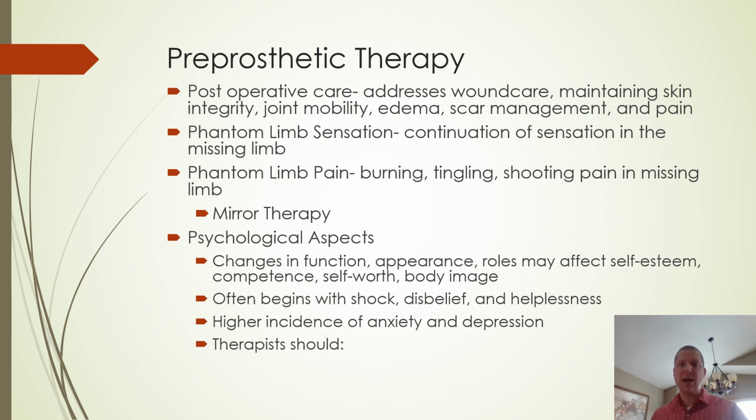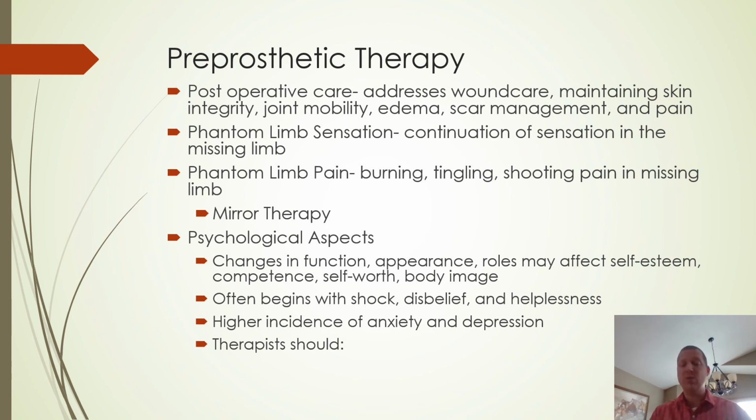Pre-prosthetic therapy, again, may address any wound care. There would likely be sutures closing up that residual limb. You would be educating them on maintaining skin integrity and how to keep that wound clean. You would be looking at maintaining any joint mobility that they may have.